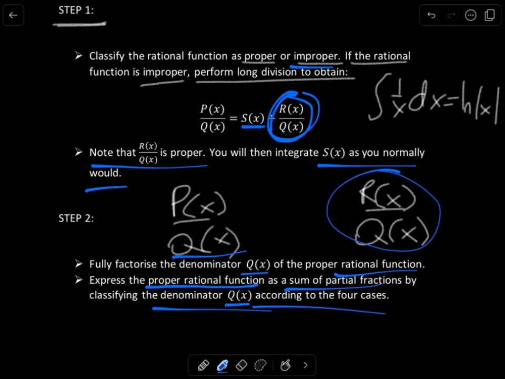Now there are 4 cases for partial fractions, and I'm going to go through each case and you'll see how to actually perform partial fractions. Now, instead of giving you a list of notes and discussing what each case is, the best way for me to explain how to use partial fractions and do the method of partial fractions is to just dive straight into examples. And that's exactly what we're going to do.